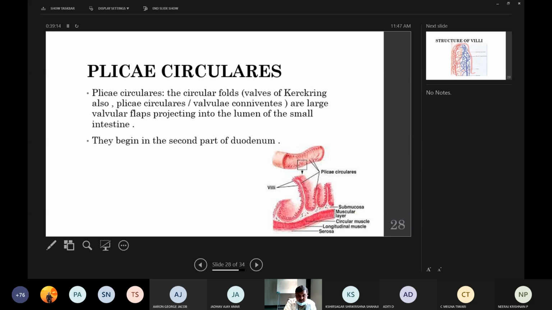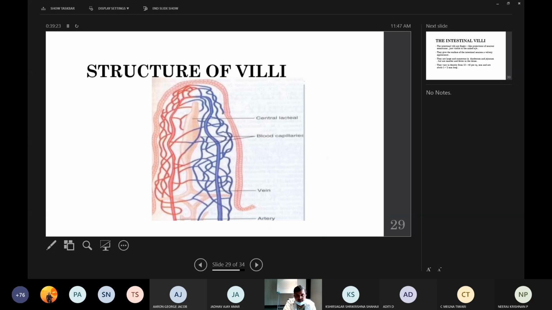Remember, these are permanent folds formed by the mucosa and submucosa, which project inside the lumen, called the valves of Kerckring. This is the structure of the villi. As you see, there is the presence of a lymphatic vessel and a blood vessel.